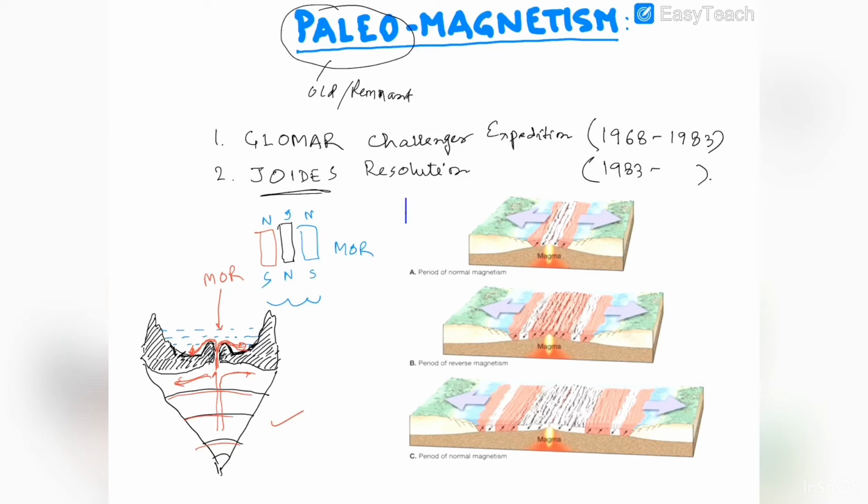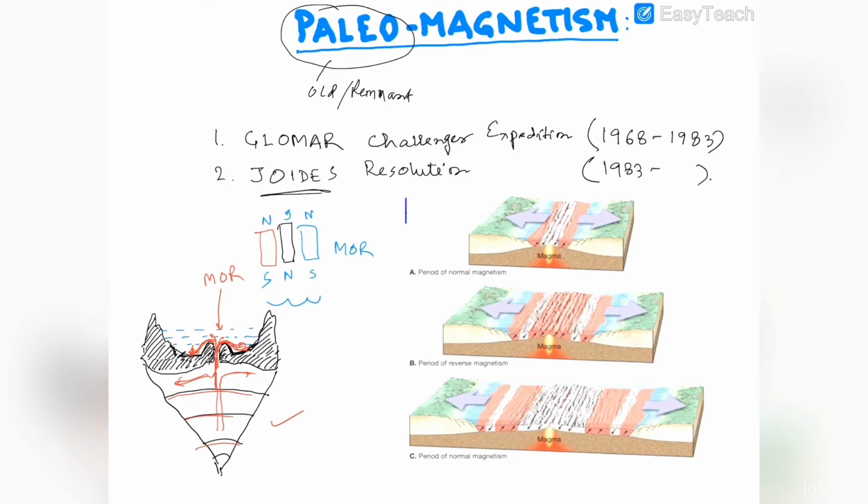Now what I want to tell you is that when the hot magma comes up and spreads over billions of years, this magma, which is made up of ferromagnetic materials, iron, nickel, magnesium, these metallic minerals will record the Earth's geomagnetic orientation. Say when the first magma came out over here, Earth's magnetic orientation was something.